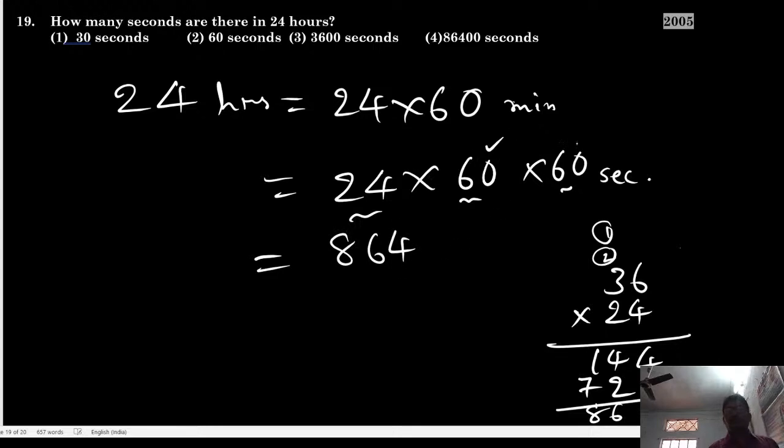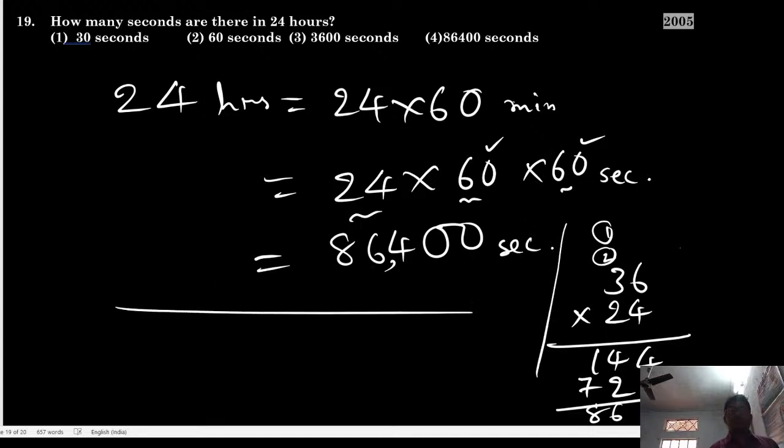Now we have to write these two zeros. So 86,400 seconds, option 4.